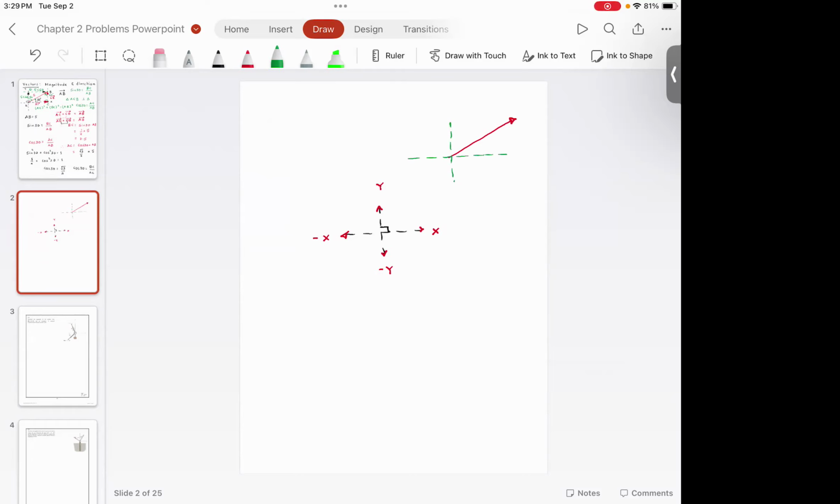Why is this important? Because once you do that, you know that the x component of this vector is positive. So this is positive x component. Y component of this vector is also positive.